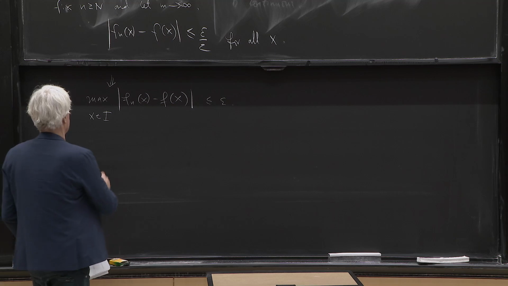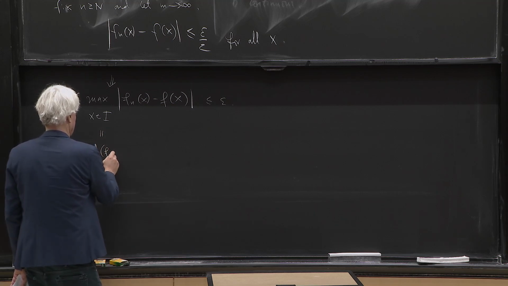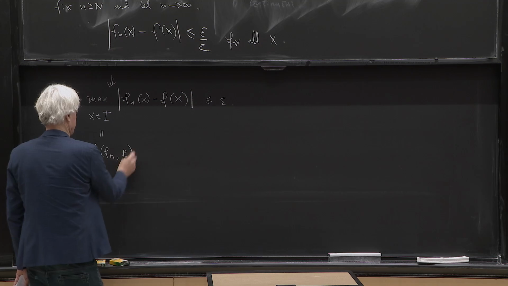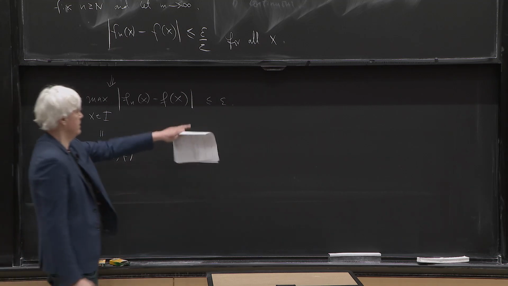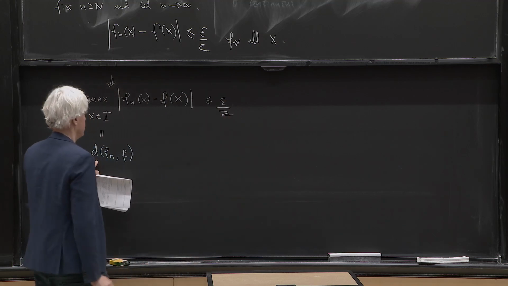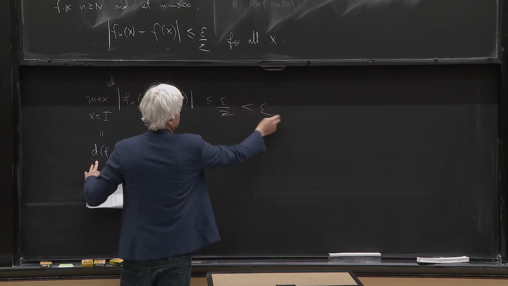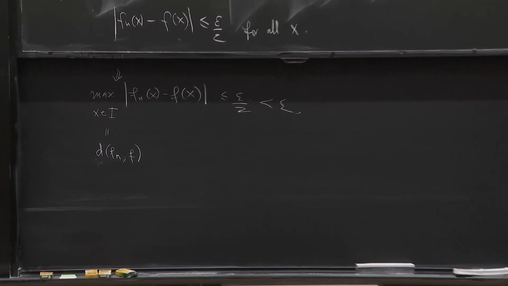This here is just the distance between Fn and f, right? So say that this distance here is less than epsilon over 2. So it means that this thing here is strictly less than epsilon.